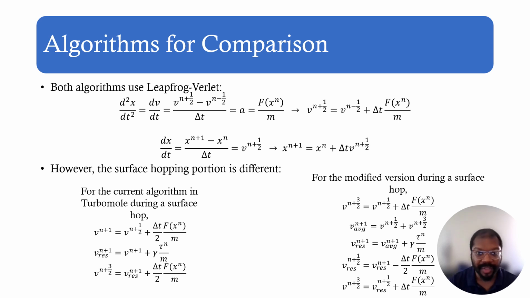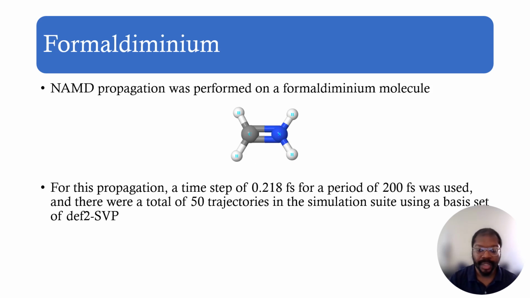For my modification, I am still performing leapfrog during the surface hop, but I'm taking the average of the new half step and the old half step velocity in order to get an average of the velocity at the integer time step, and then rescaling that to use in our algorithm. From there, the rest of the simulation will use the new velocities and kinetic energies.